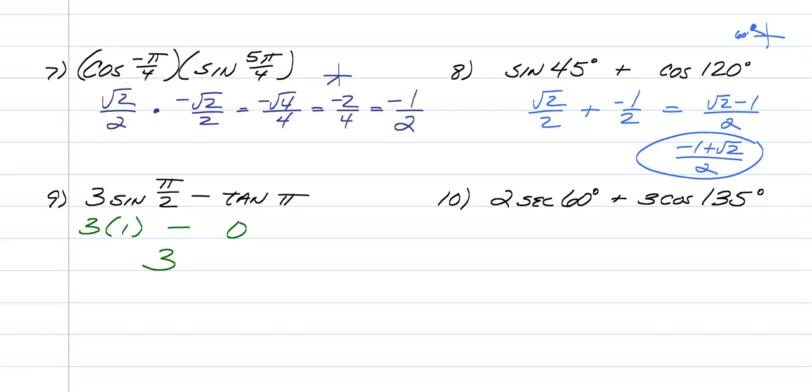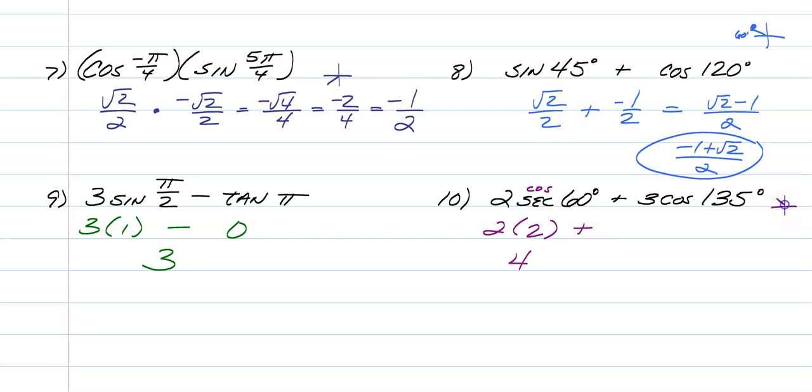And the last example of this set is 2 times the secant of 60, which, remember, is the reciprocal of the cosine of 60. So the cosine of 60 degrees is 1/2. So the reciprocal is going to give us 2 times 2, which is 4, plus, what is 3 times the cosine of 135?